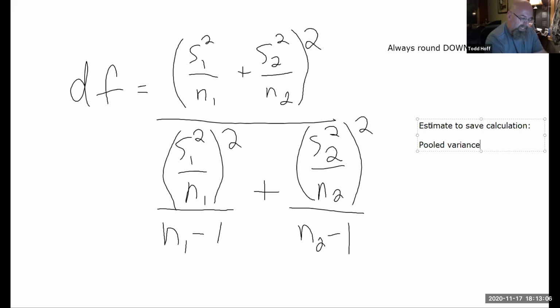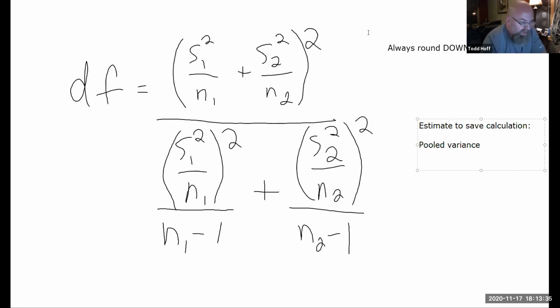It's just a process of combining the standard deviations from the two samples and then using a standard number of degrees of freedom rather than doing this calculation here. It's an estimate, and just like rounding down, it actually casts our net out even further, making it even less likely to reject a null hypothesis. But it saves a lot of work.